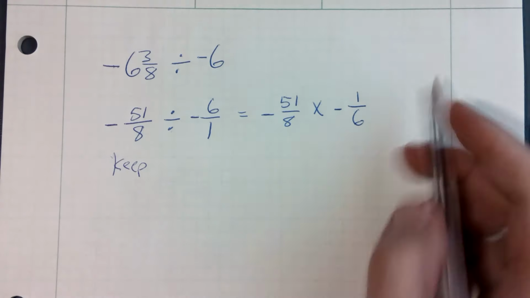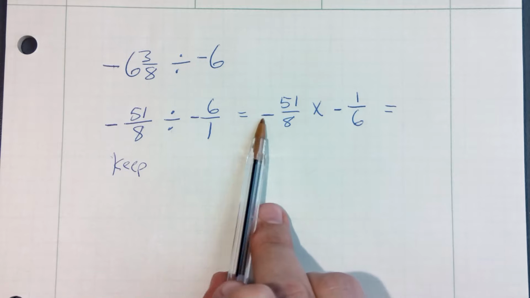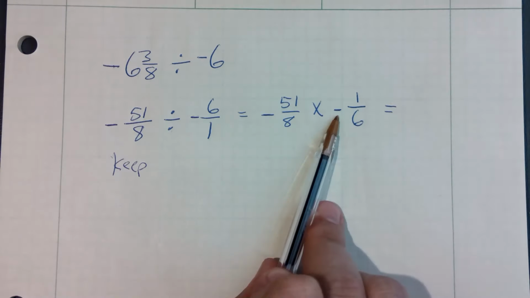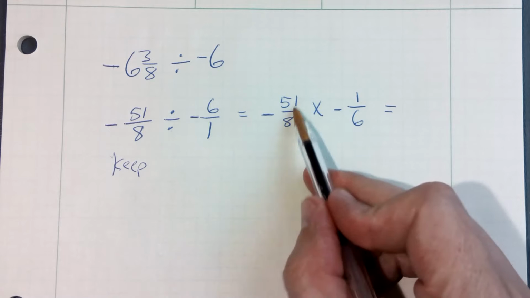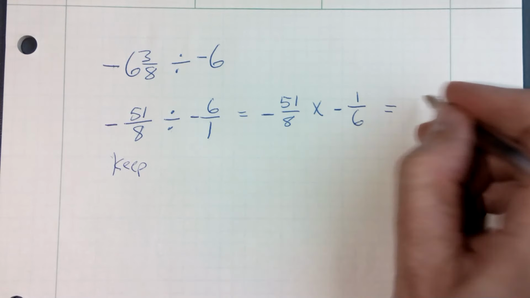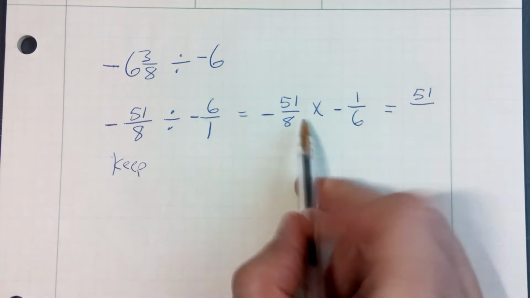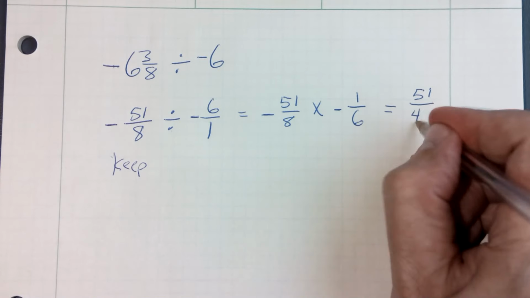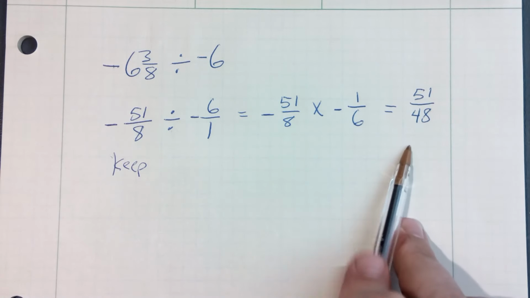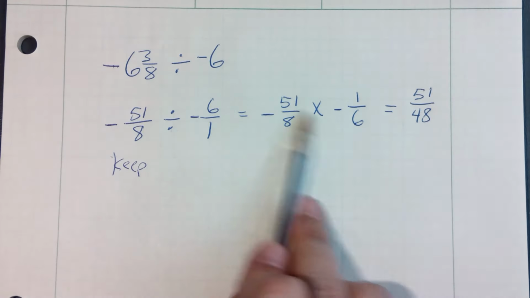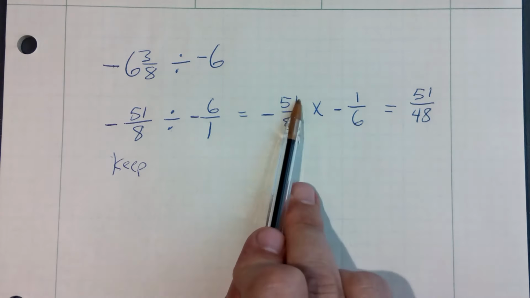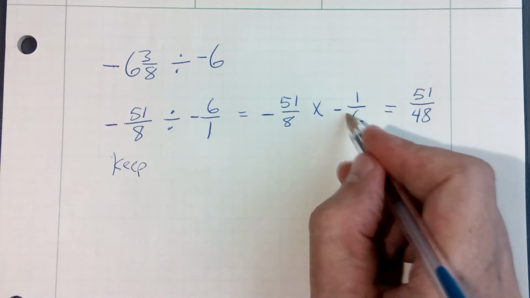Now when I multiply, I realize that the negative times the negative will be positive. So right off the bat, the negatives cancel. Now I can do 51 times 1, that's 51, over 8 times 6, that's 48. And now I'm going to look to see if it reduces. I actually notice back here that 6 has a factor of 3, and so does 51. I would have gone back here and divided by 3.